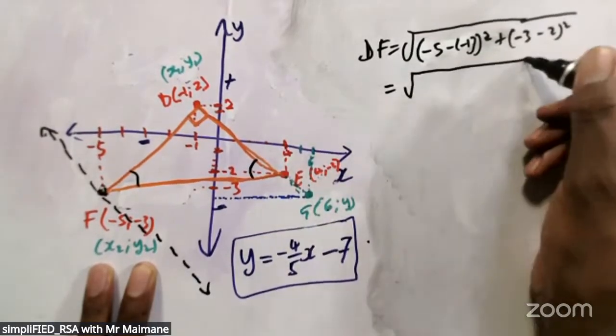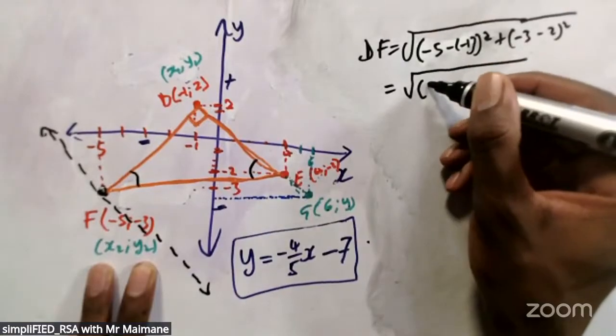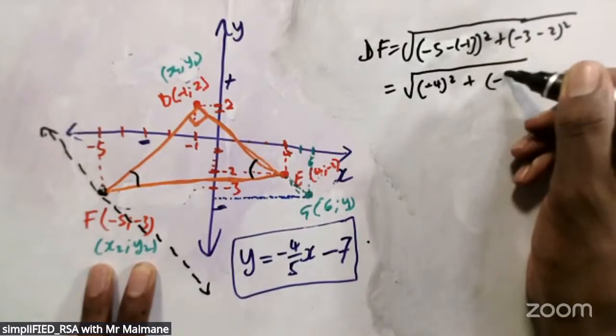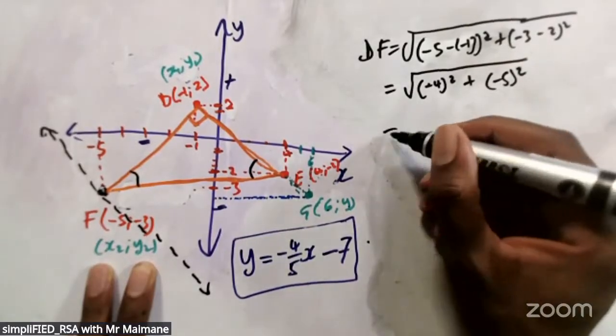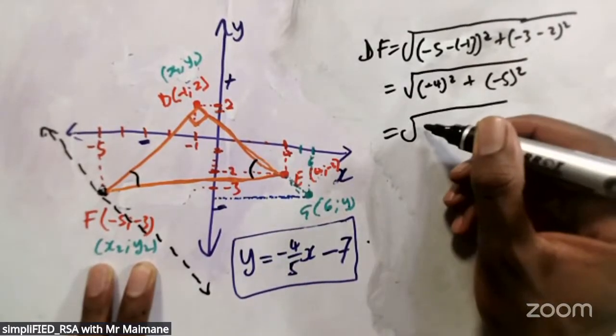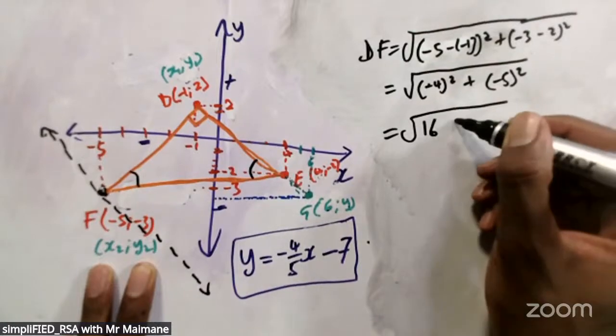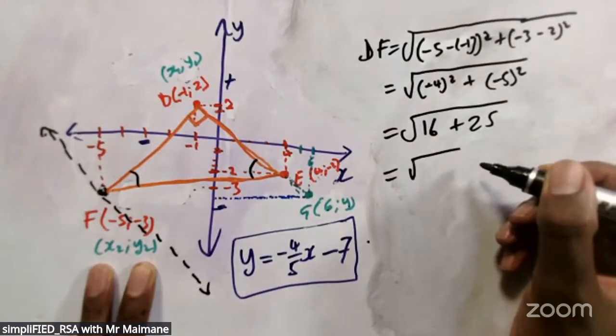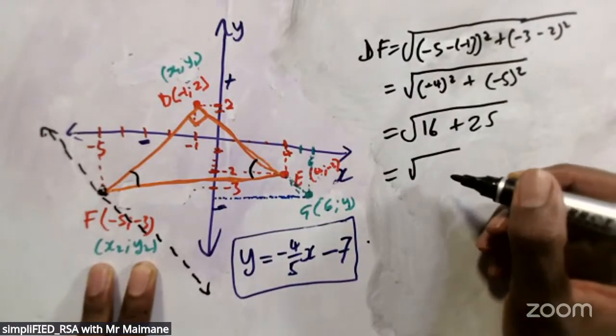Therefore, we would have the square root of minus 4 squared plus minus 5 squared. Therefore, this is equal to 16 plus 25.